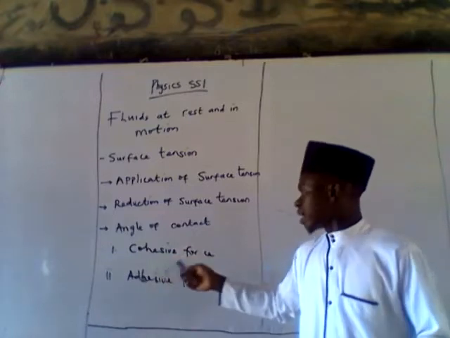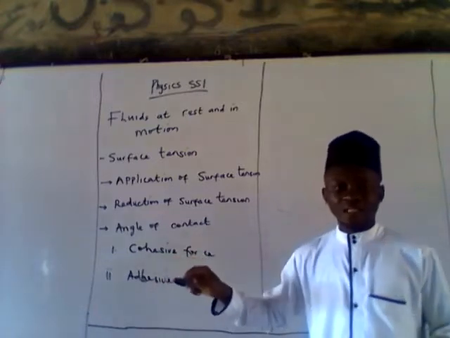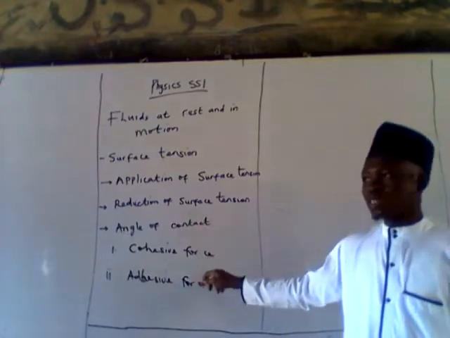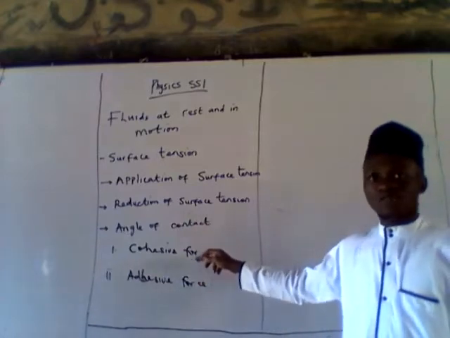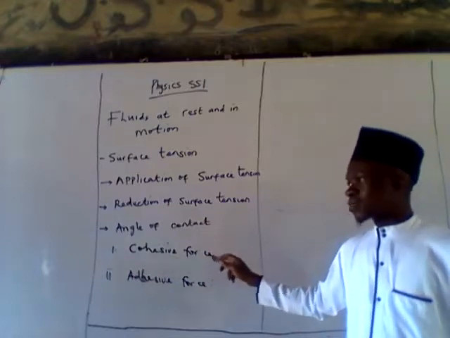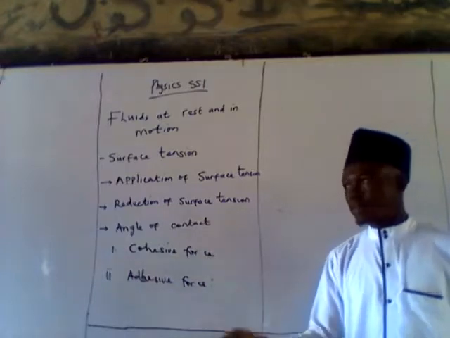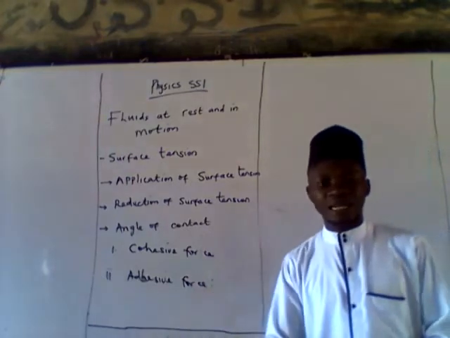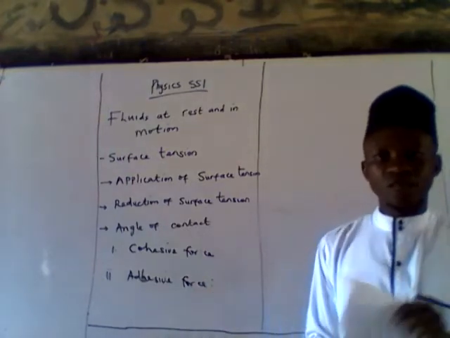So water wets glass because the adhesive force between the molecules of water and the glass is greater than the cohesive force.